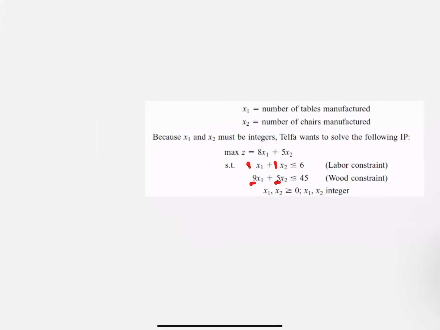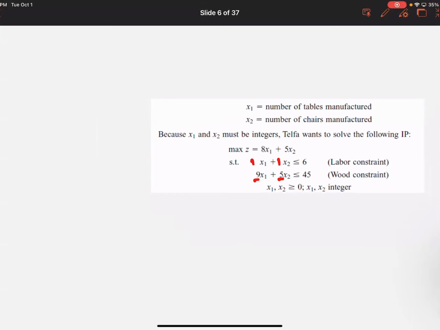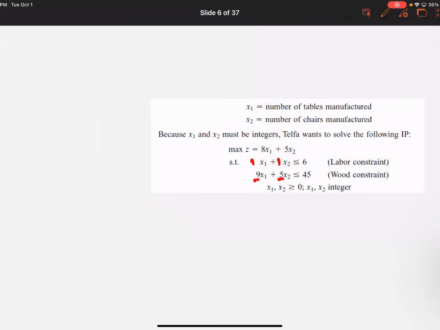So this is a classical optimization problem. So question here is, what is the optimal answer? What's the optimal solution? You may say, well, we have 2 variables. I can use the graphical method. I have 2 constraints. That's 1 constraint.